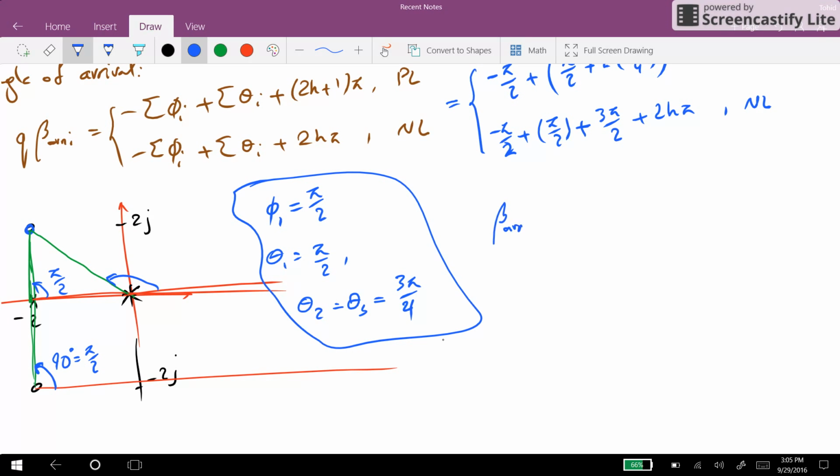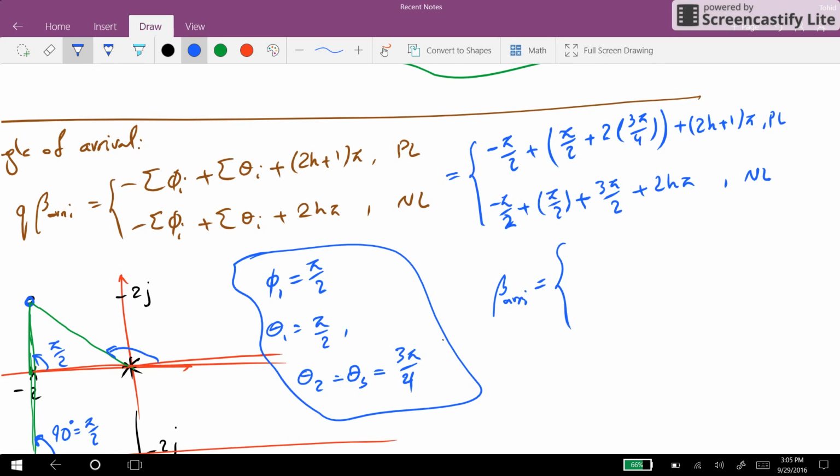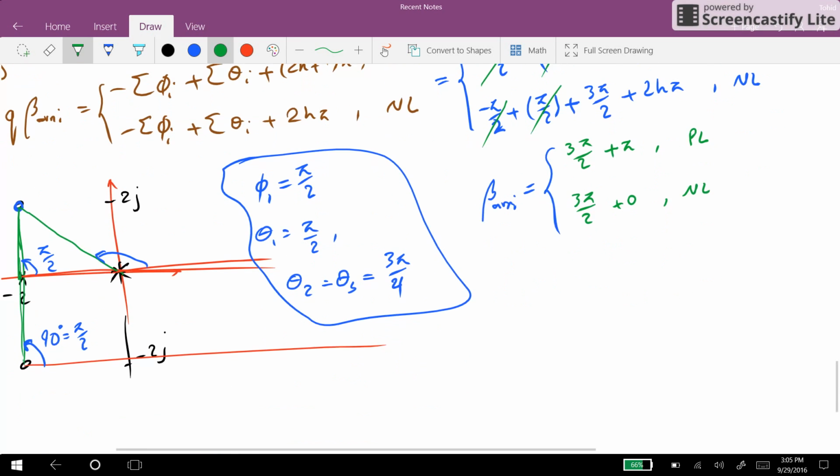So beta arrival will be equal to minus pi over 2 plus pi over 2, which will cancel each other. H will be equal to 0 only because we have only one zero. As a result, we will get arrival beta equal to 3 pi over 2 plus pi for the positive locus and 3 pi over 2 plus 0 for the negative locus.